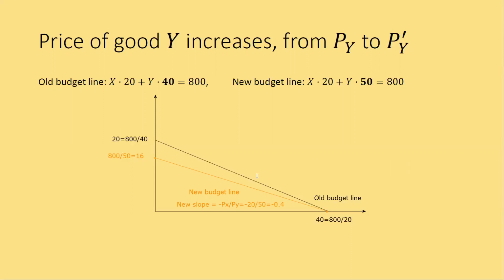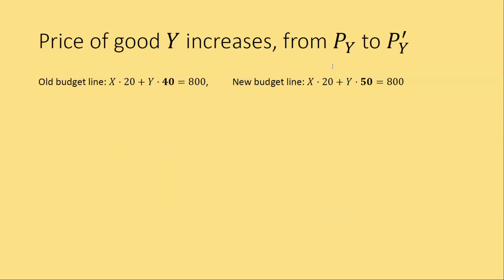So the new budget line becomes flatter. Its slope becomes smaller, I should say. All right, this is very similar to what we did in the previous slide. Let's move on.